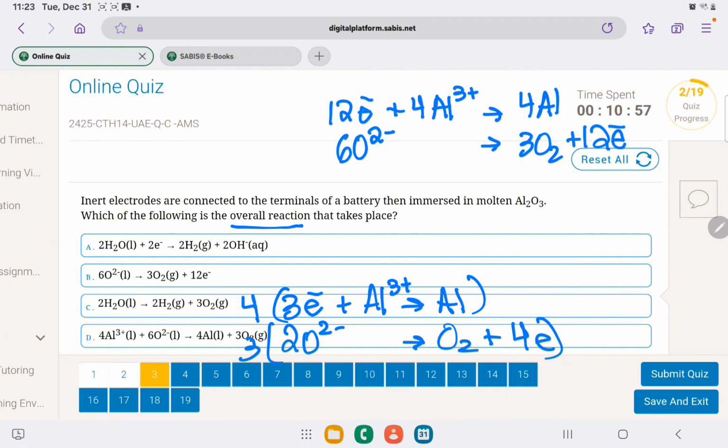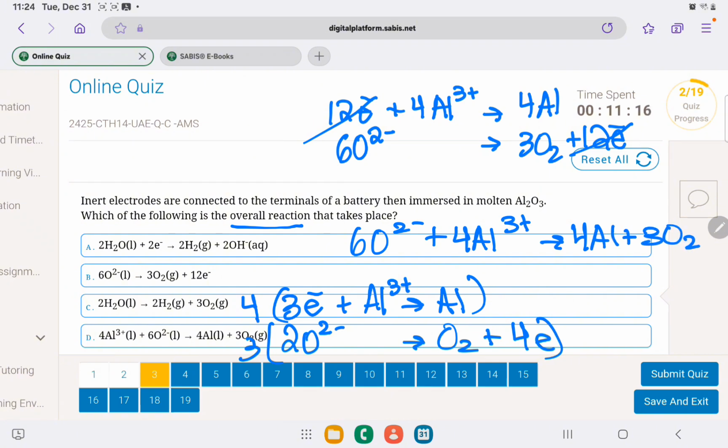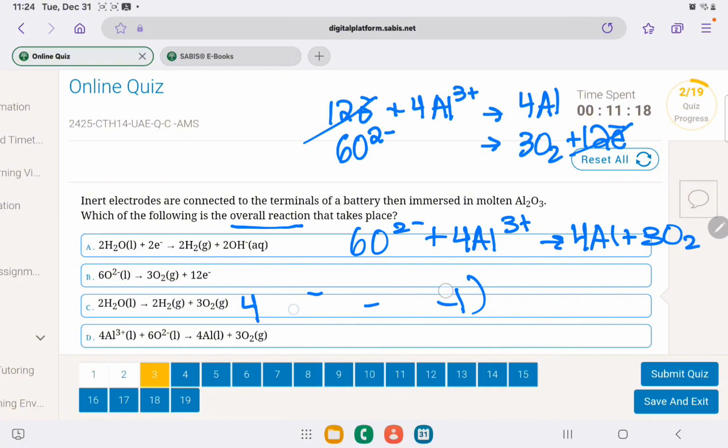Since the electrons are on opposite sides, we can cancel them. Then we have 6 O2 minus plus 4 Al3 plus to give 4 Al plus 3 O2. Now let's check that in the options.